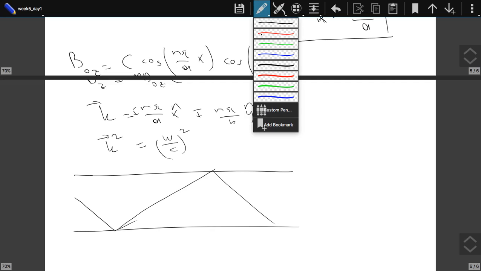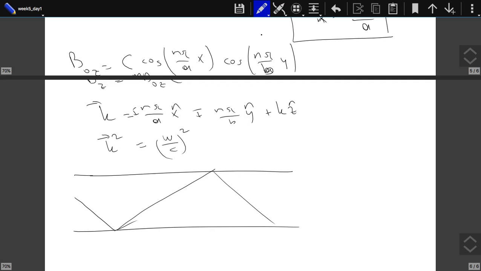Let me draw the wavefronts. You see, wavefronts are perpendicular to these. So these are my wavefronts. My wavefronts are moving in this direction with speed c. What is the speed of this point?